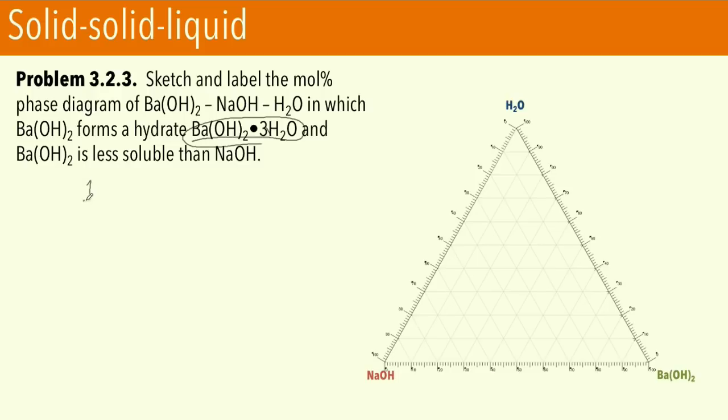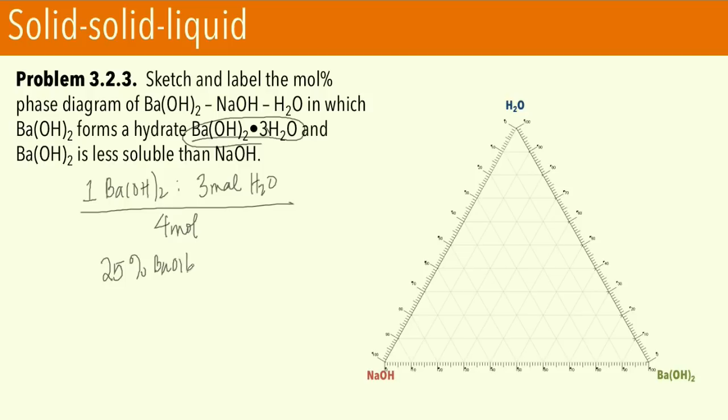We know that we have 1 mole of barium hydroxide for every 3 moles of water. So the total number of moles is 4 moles. Therefore, at 25% barium hydroxide and 75% mole water, this is when we have our barium hydroxide hydrate.